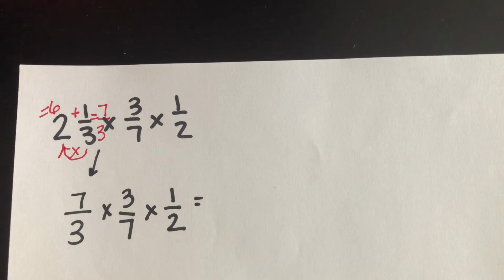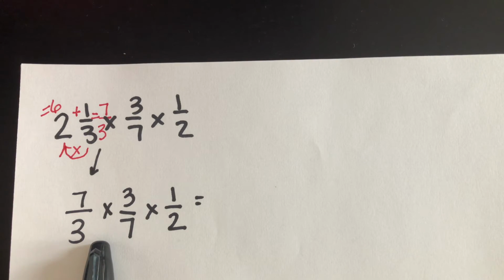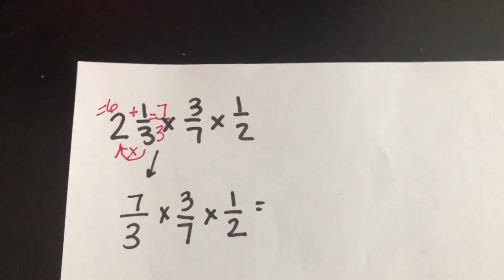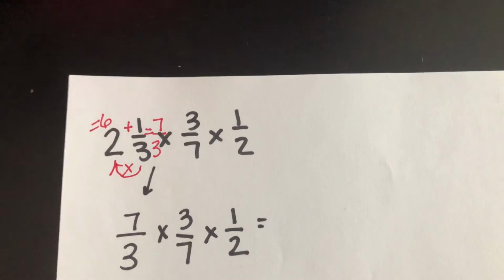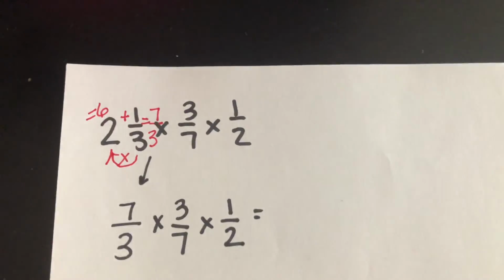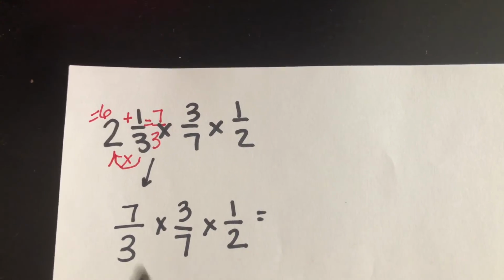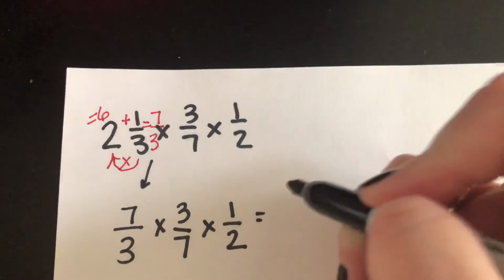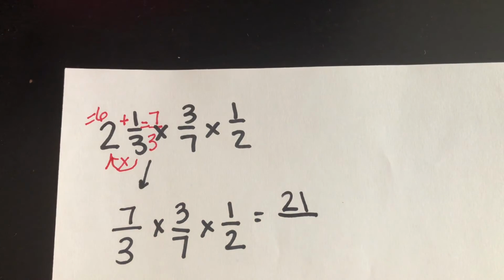Well, I notice I have almost the same thing as we've been doing, PEMDAS. So I'm going to do 7 times 3 is 21, and 21 times 1 is 21. I just worked left to right because I have both multiplication.